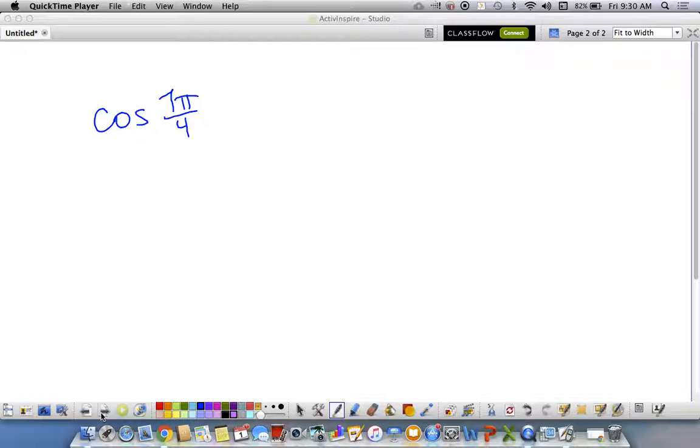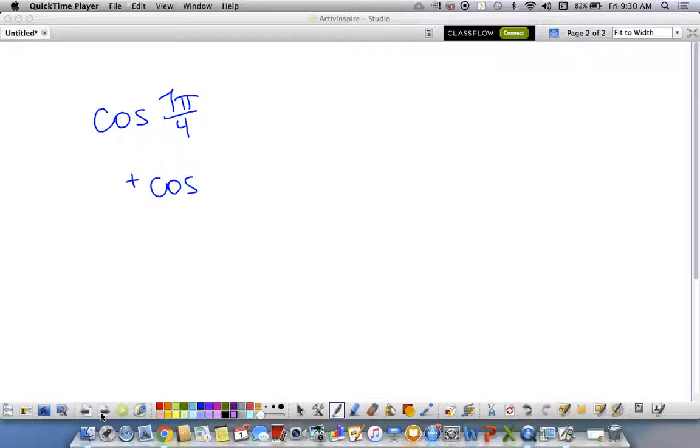Is cosine the x value or the y value? It's the x value. Cosine goes first. It's kind of weird, I know. It confuses me. 7 pi over 4 is in the fourth quadrant, so we know it's positive.